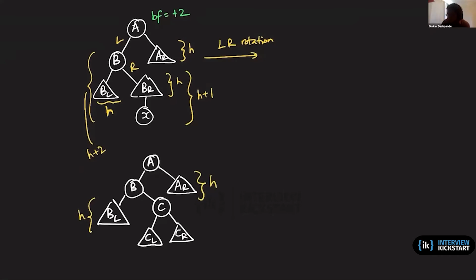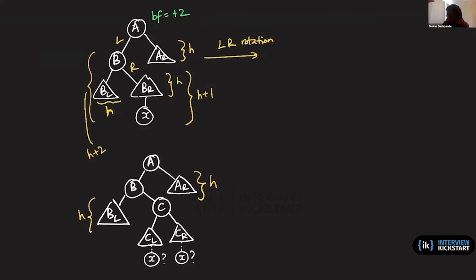So X, by the way, could be attached, we don't know where X is. Maybe it's here. Maybe it's here. And in the grandparent's case, actually X was C itself, where there was a violation. So X could also be C itself. We don't know where X is. It doesn't actually matter.